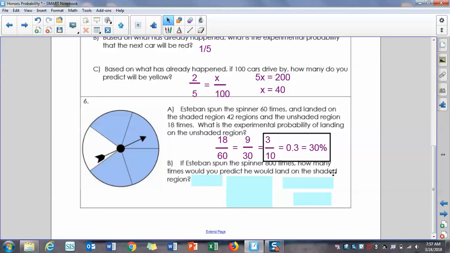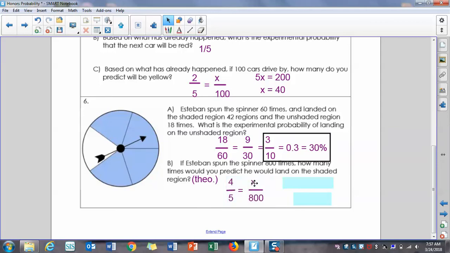Now for B, Esteban spun the spinner 800 times, and how many times would you predict he would land on the shaded region? So here we're looking at theoretical because it did not say to refer back to the data. It did not explicitly say experimental. So we're going to look at the shaded region: there's 1, 2, 3, 4 shaded out of 5 total spaces on the spinner.